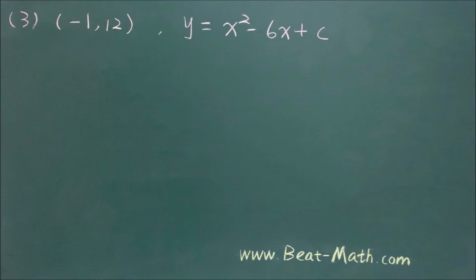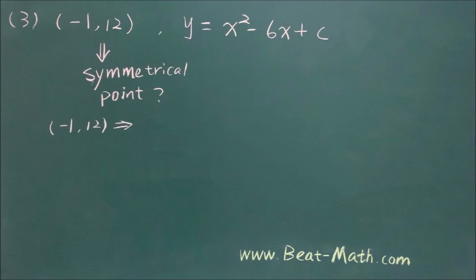The point negative 1 and 12 is on the parabola of the quadratic function y equals x squared minus 6x plus c. What is its symmetric point on this parabola? In this example, a and b in the function are already known. That means we just need to plug in the points negative 1 and 12 and then get the value of c.